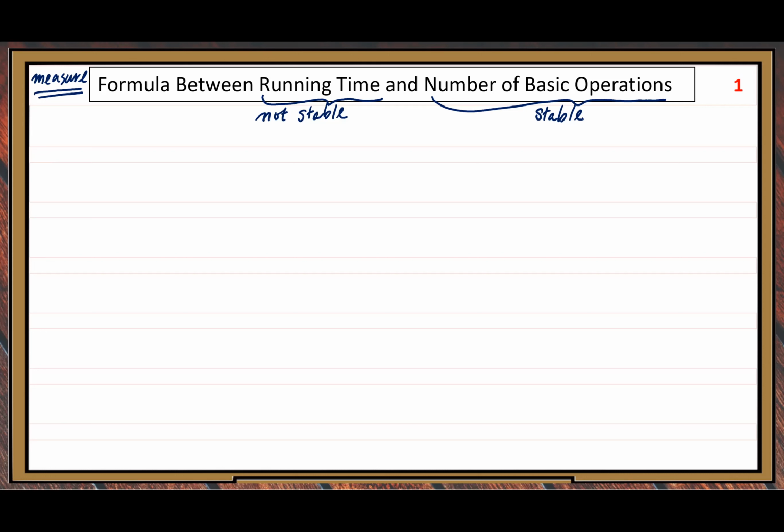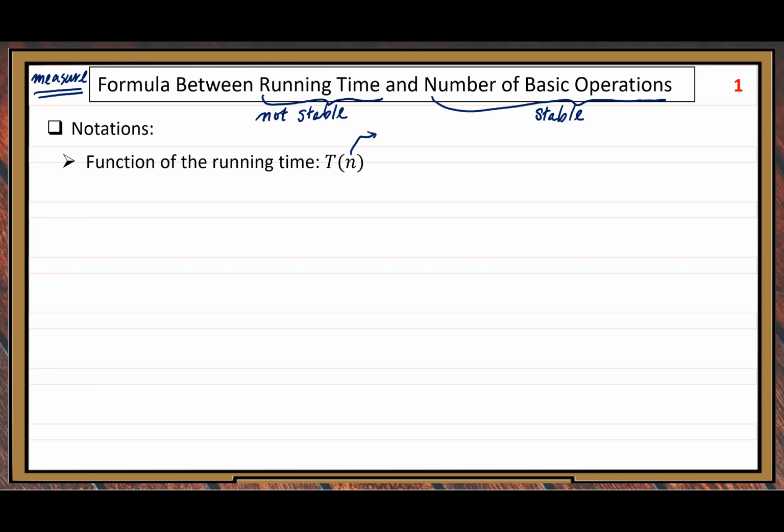All right. First, let us use some appropriate notations for these two measures. The first one, function of the running time, T of n. n is the problem size. We're familiar with this problem size concept.